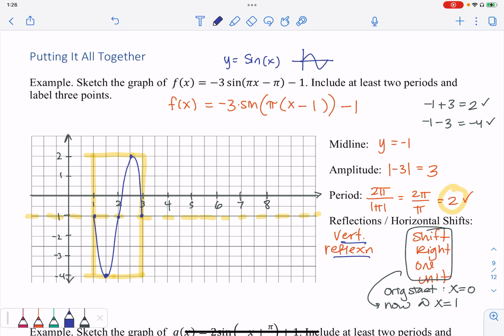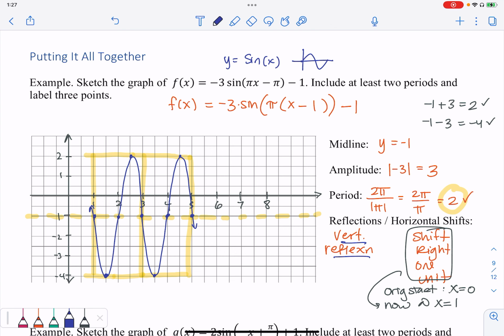Okay, and then if I want to draw another one, because they want 1 more period, just draw the exact same box next to it. So it's like a copy paste. Again, draw in those 5 key points before you go to draw it. Makes it a little easier. I just had a peak, right, or a hill, so I'm going to start with a valley. And a hill. I'm going to ask for just 2 periods so I can end there if I want.